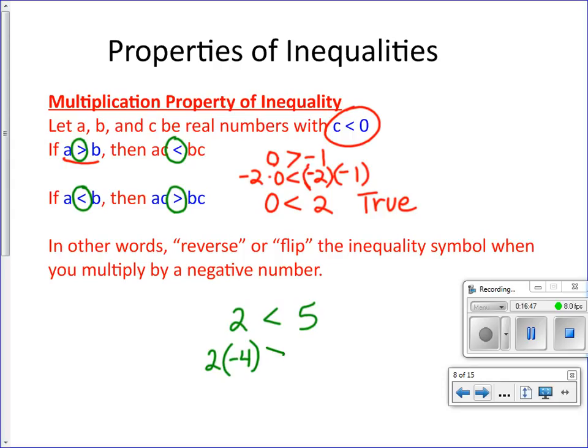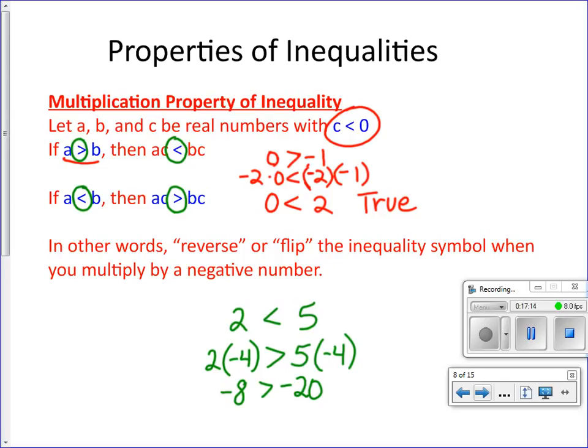I'm going to go ahead and flip my symbol, and when I multiply the other side by -4, let's simplify and see what we get. 2 times -4 is -8. 5 times -4 is -20. And -8 is greater than -20.